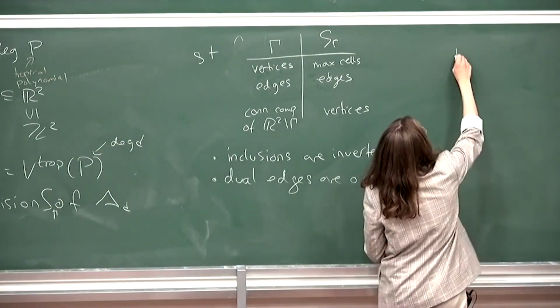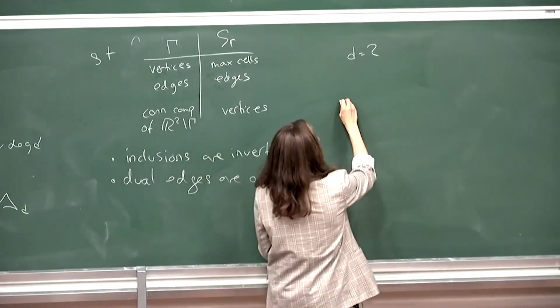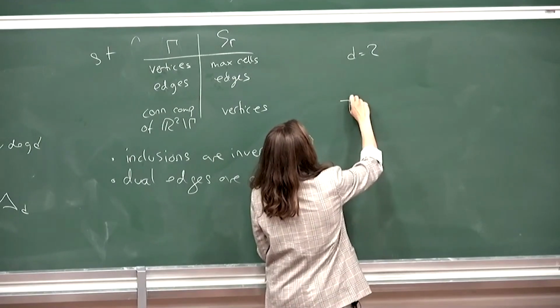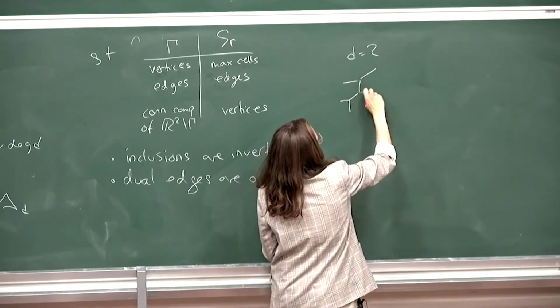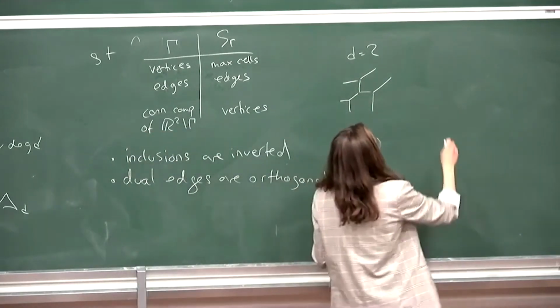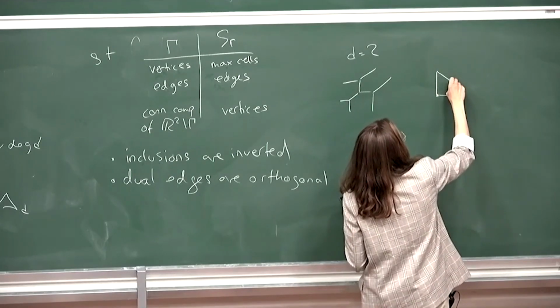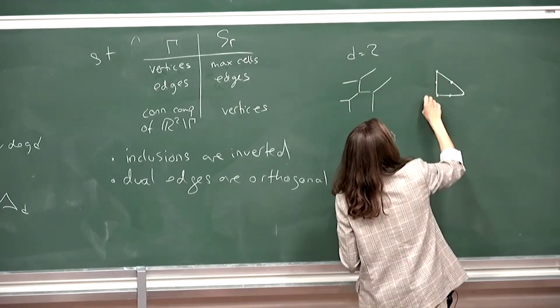So let me give you an example. Let d be equal to 2. So let's look at a tropical curve of degree 2. This is defined by a tropical polynomial of degree 2. And this could, for example, look like this. So now we want to subdivide this guy. Here's the 0, 0.